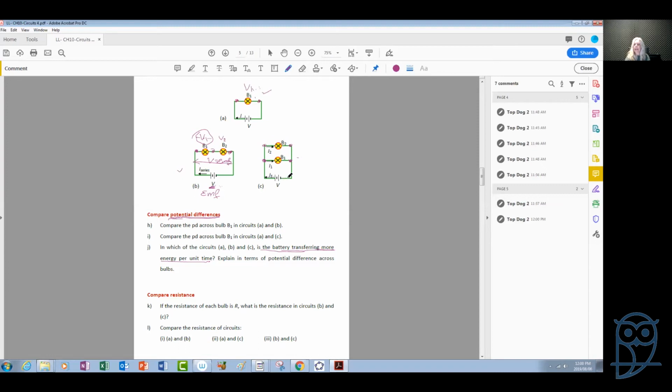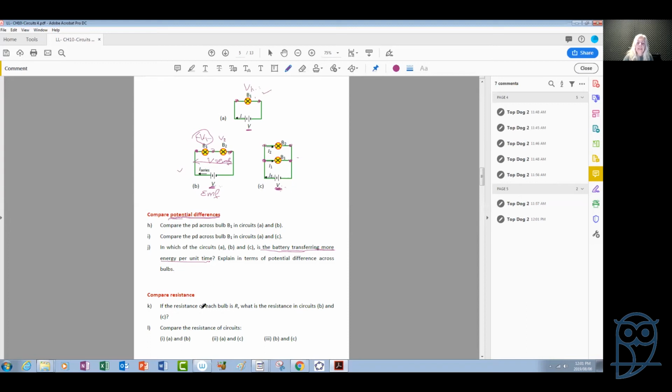This one supplies energy to both circuits. This battery here supplies energy only to one circuit. Therefore, this battery here transfers more energy. And of course, this battery will go flat faster than this one, isn't it? In half the time, actually, because it supplies two circuits. It does double the job.